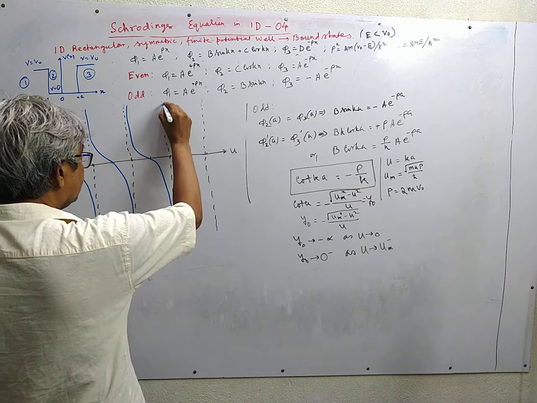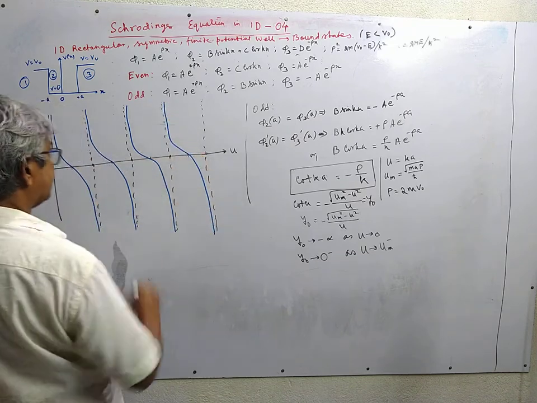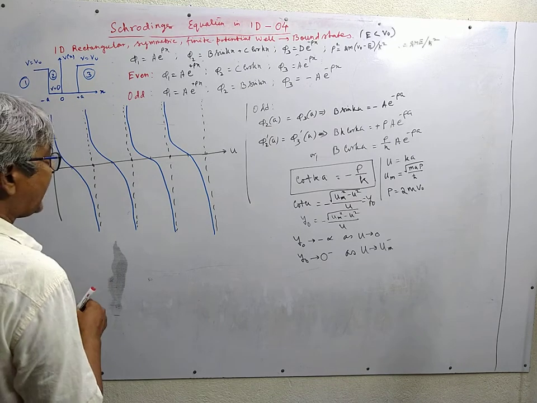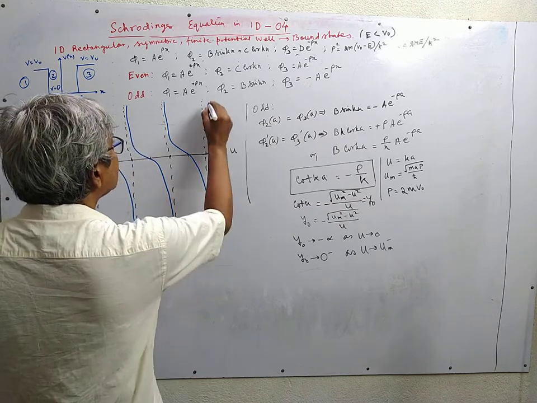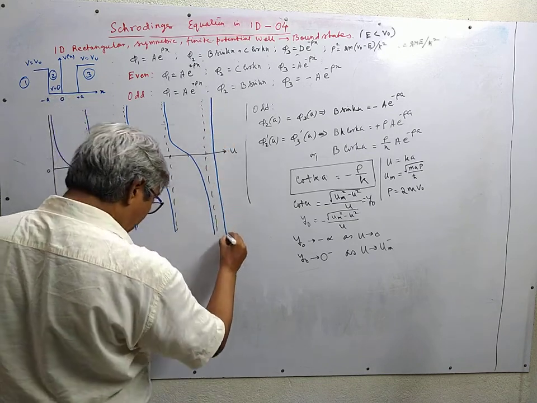Check yourself that these are indeed the behavior of the Chord function. Now y even, the property of y even, it is 0 at u equal to 0, and approaches as this is the line.